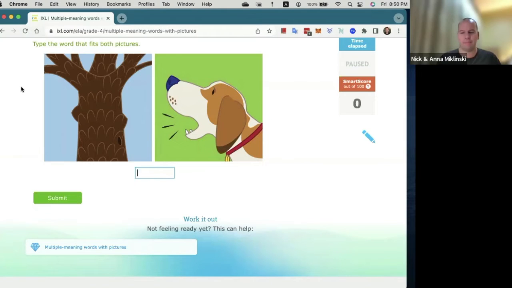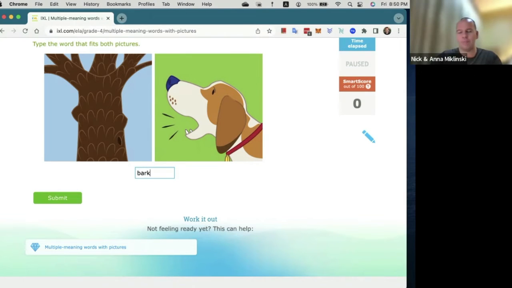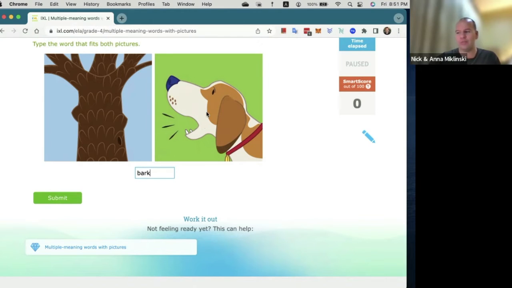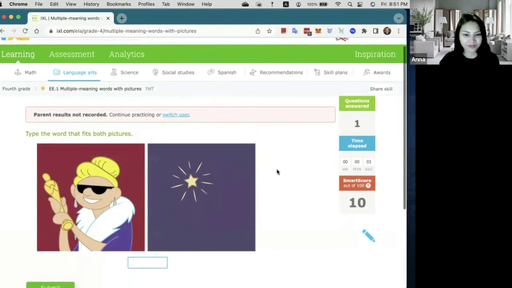Dog, it's barking. Bark. Can I use the word bark? Yeah, the word bark. So the stem of a tree, once it's old enough, it has bark, right? And the word for a dog sound is bark. Very good.